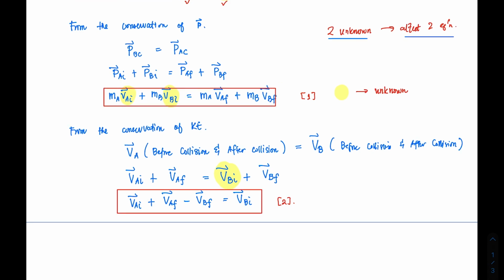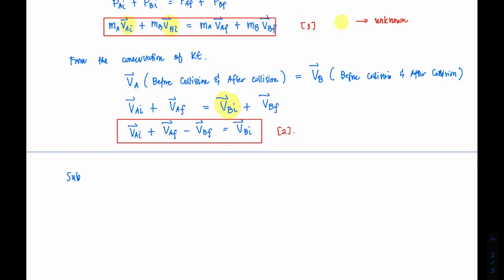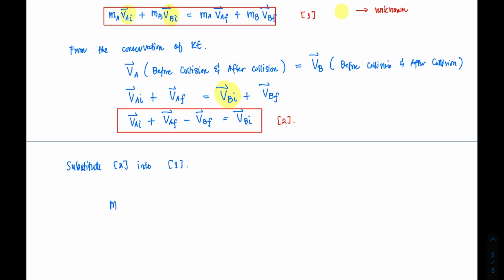Okay, what I'm going to do is to substitute equation 2 into equation 1. So when we do that, we will have MA VAI plus mass B VBI is equal to MA VAF plus mass of B VBF.